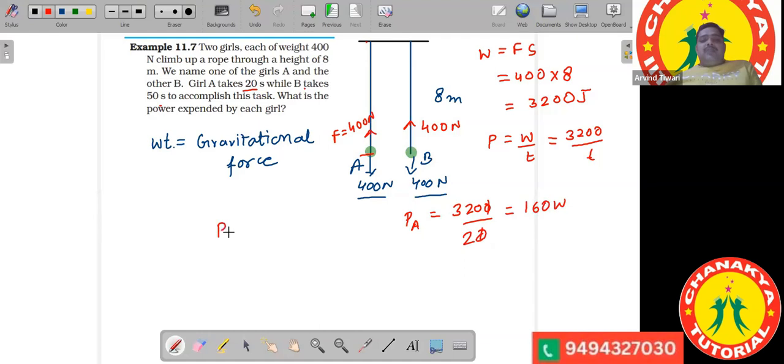Similarly, the power expended by girl B will be 3200 divided by 50, which gives 64 watt. So which girl uses more power, girl A or girl B?